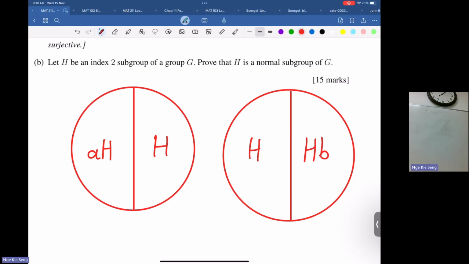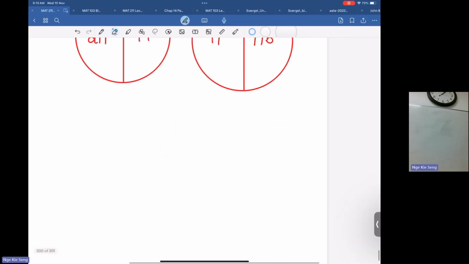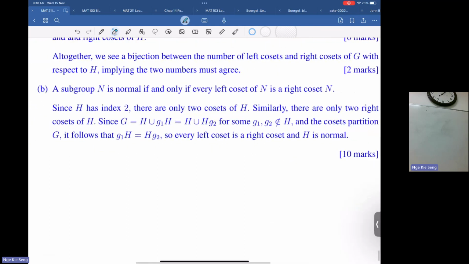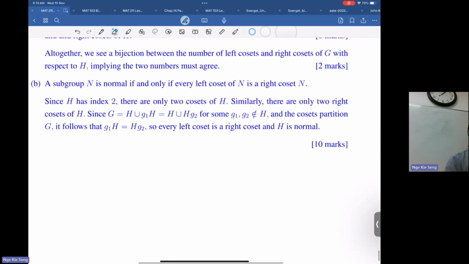Okay, so this step is short, but I give credit to your idea. As long as you have the idea working, then I will give you marks. So there are actually only 3 lines in this question. If you can say that a subgroup is normal if and only if every left coset is a right coset, I'll give you 5 marks.